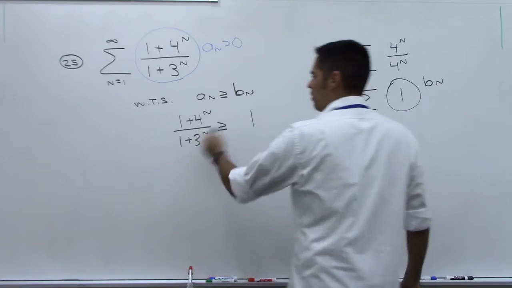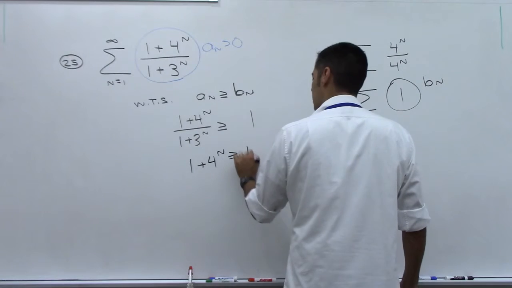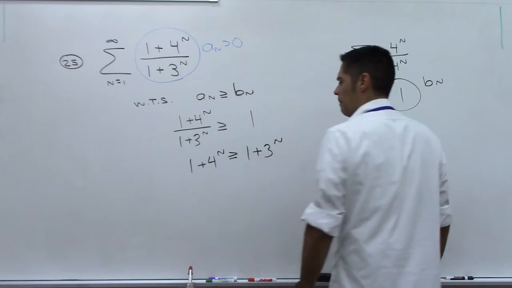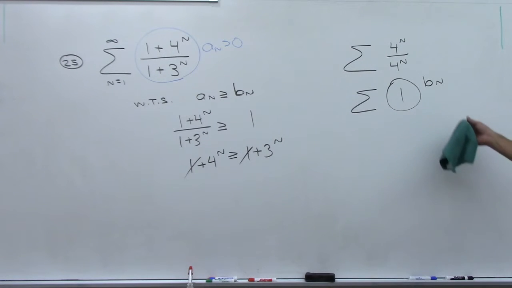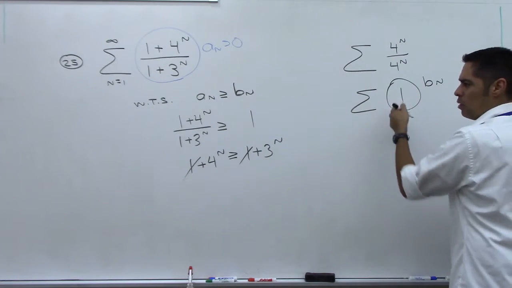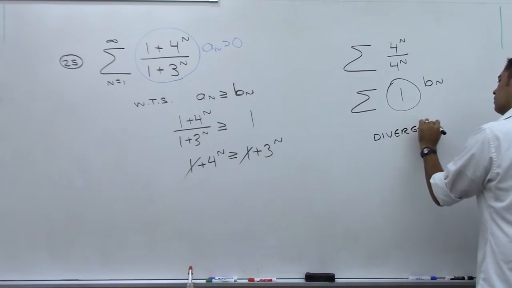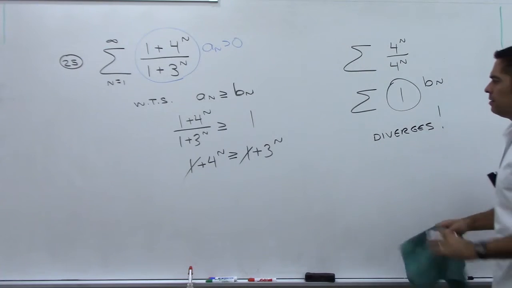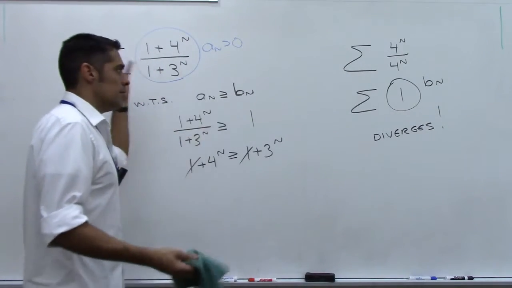And so when I do my clearing of fractions, I get this is bigger than this, and get rid of the 1's, and now it works. Now the question though is, what does this series do? Well, this is just 1 plus 1 plus 1 plus 1 plus 1 forever. This obviously diverges. And so this inequality was true. This held, so it diverges too.